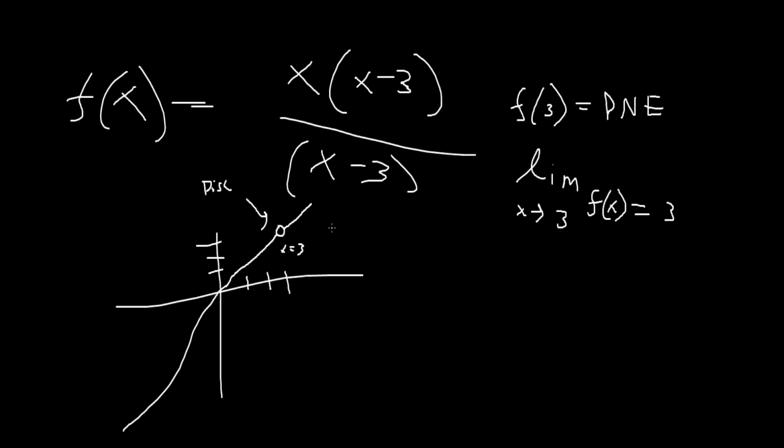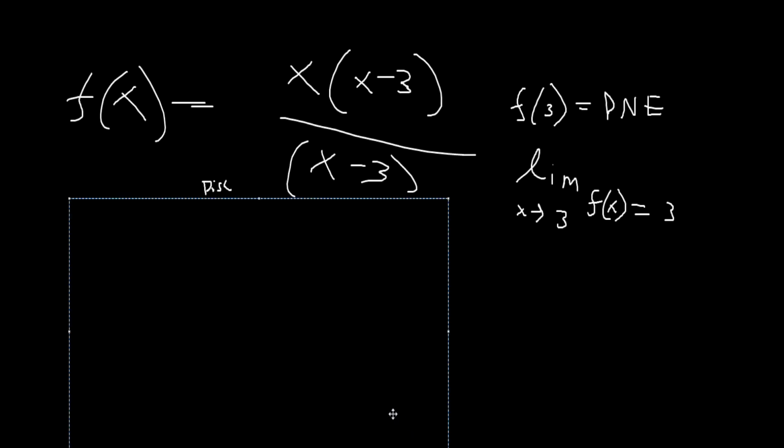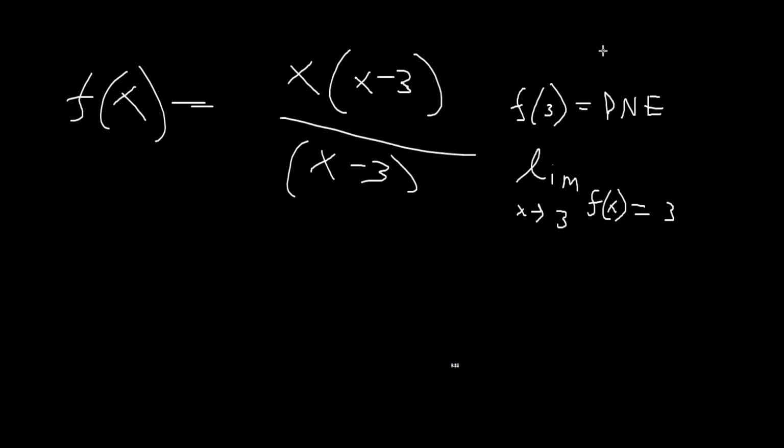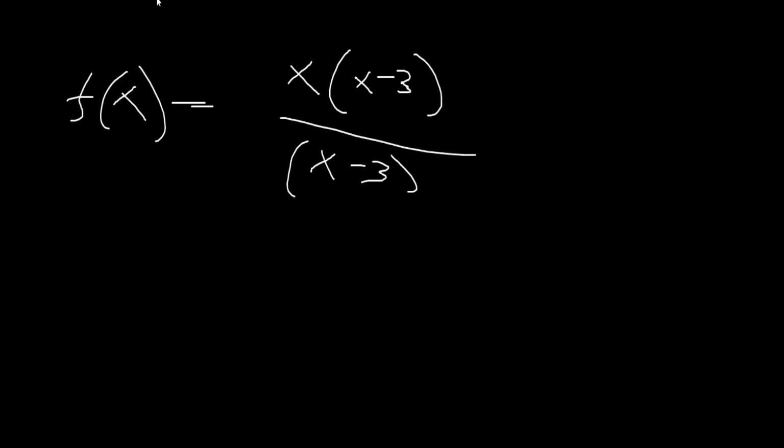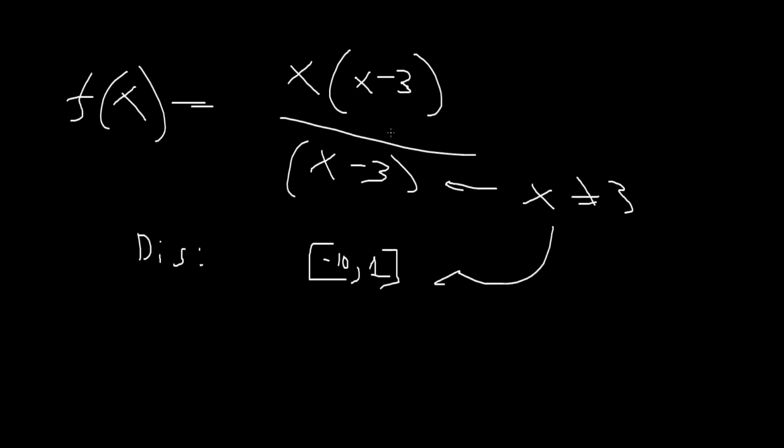Where a function is discontinuous is also very important, because this function only has its problem if we try to plug 3 into it. If we don't, it would be continuous everywhere else. If I asked you for any discontinuities on the interval from -10 to 1, you'd say there aren't any. Plugging in 3 would cause a problem, but you didn't ask me for 3.